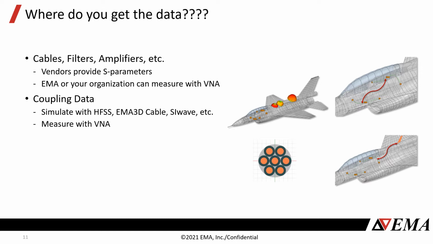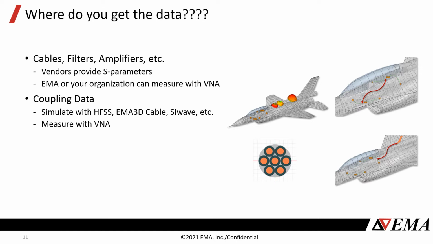We also need to know coupling information. There are a lot of different coupling mechanisms on these platforms. Antenna to antenna is extremely important. We can have coupling between conductors in cable harnesses, which is called crosstalk, coupling between cable harnesses, and coupling between antennas and cable harnesses and vice versa.